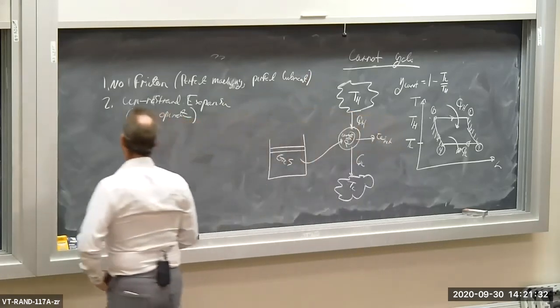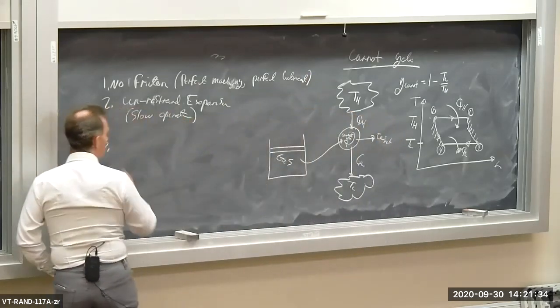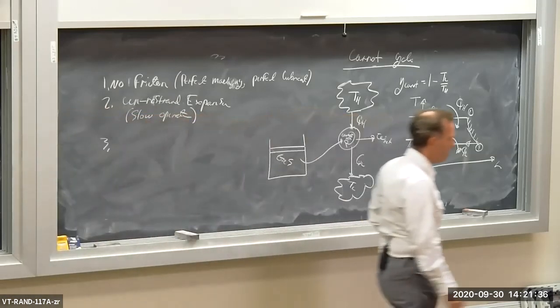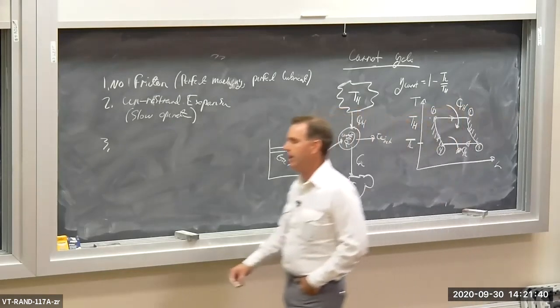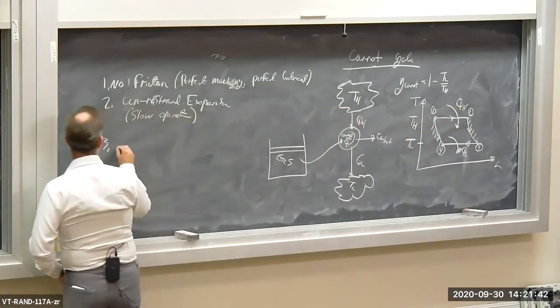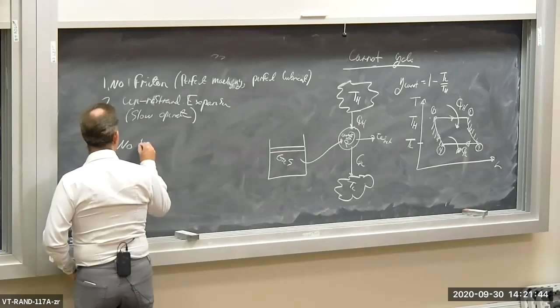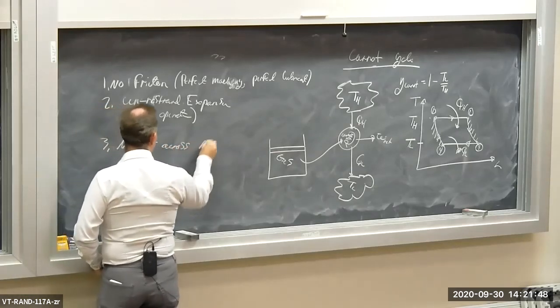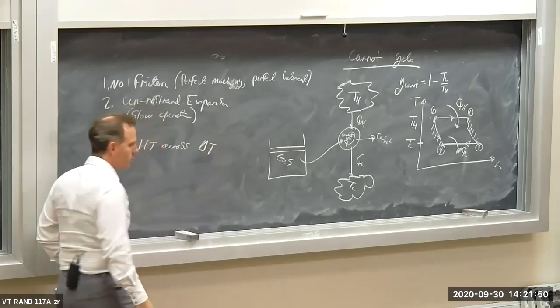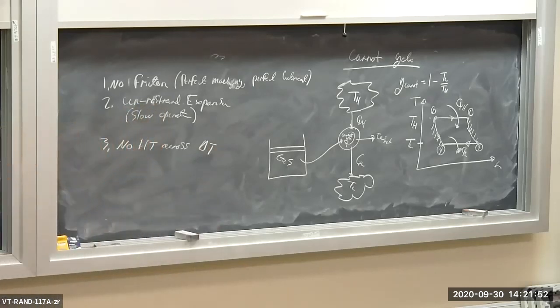And then, of course, the third source of irreversibility is heat transfer across a finite, measurable temperature difference, and that is not present as well. No heat transfer across a delta T, a temperature jump.